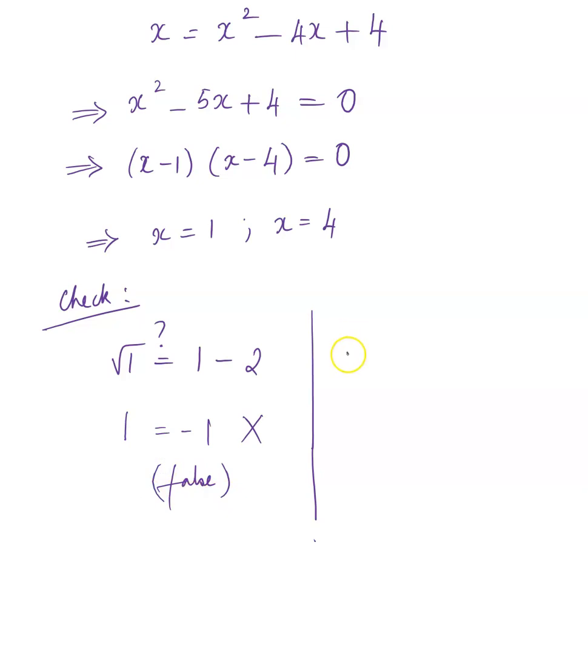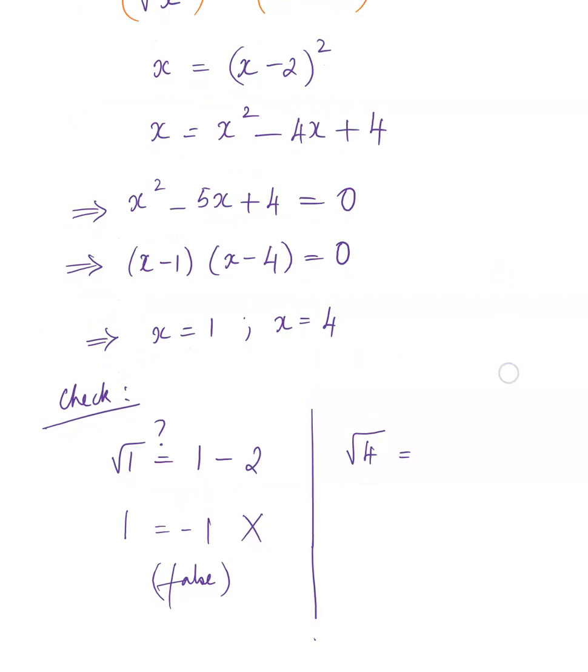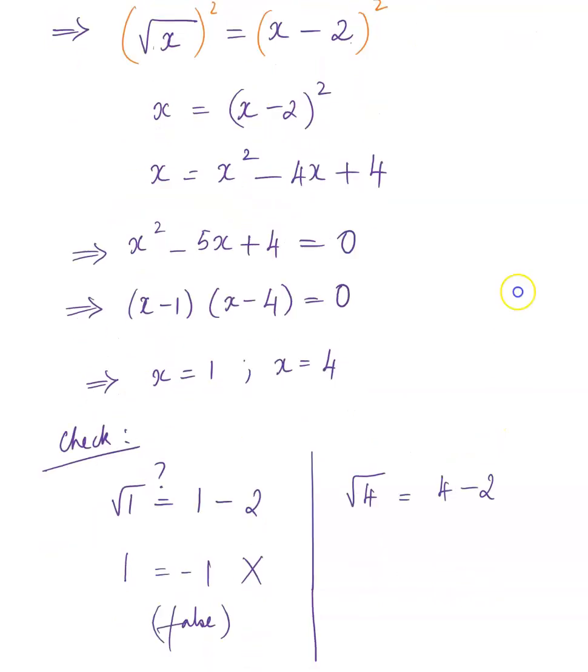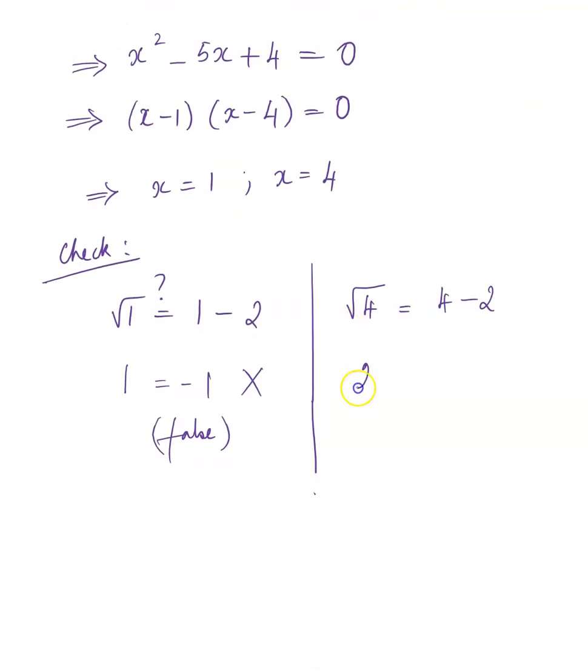Let me check for 4. Sometimes both of them can fail. In the original equation, square root of x equals x minus 2, substituting 4 gives 2 equals 2. This is good. That means x equals 1 is an extraneous root.